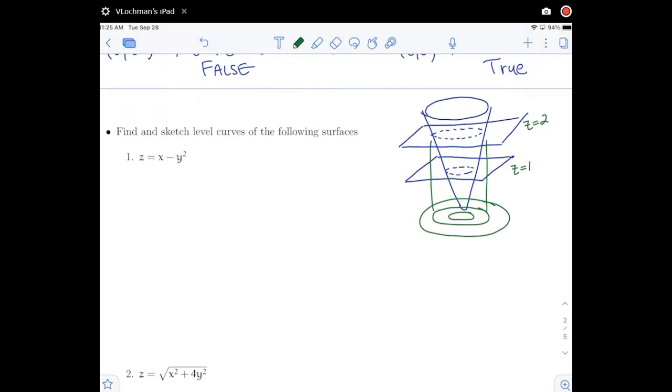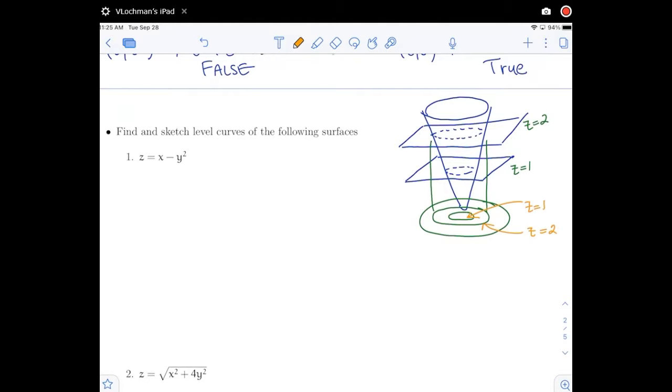Okay, so then I would mark my curves right here with these values, z is equal to 1, and this curve right here represents z is equal to 2, and so forth. Okay, so this gives us the idea of how our surface is growing, without actually graphing the surface itself.